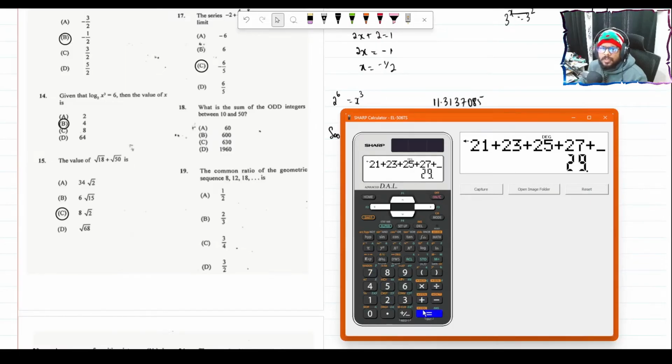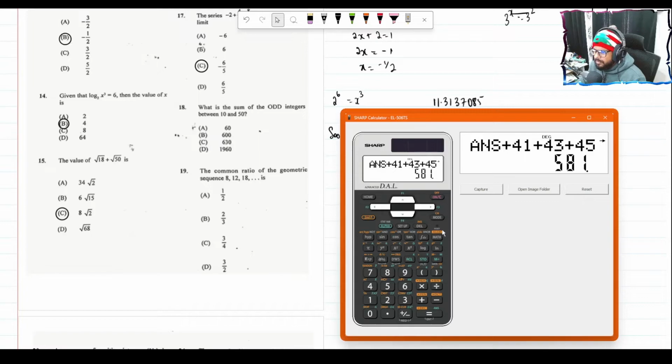I'll just put equal because I don't know how much more space my calculator has to put in the digits. And I'll continue with 31 afterwards. Plus 31 plus 33, just don't make a mistake. Plus 35 plus 37 plus 39 equal, plus 41 plus 43 plus 45 plus 47 plus 49. 581. The sum of the odd integers between 10 and 50.